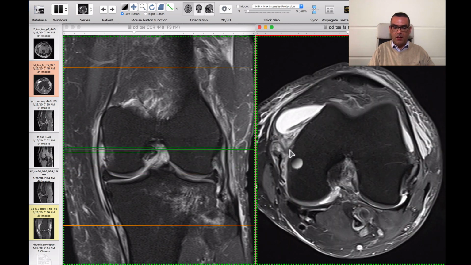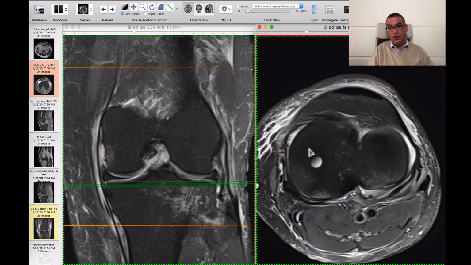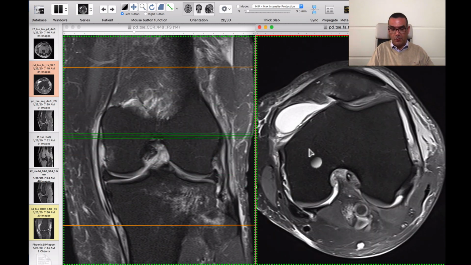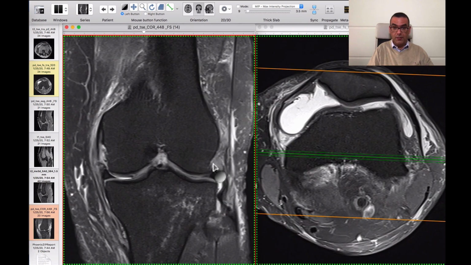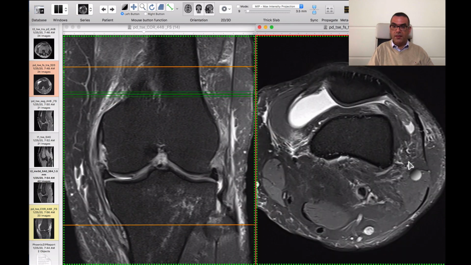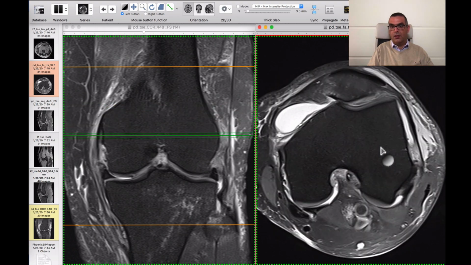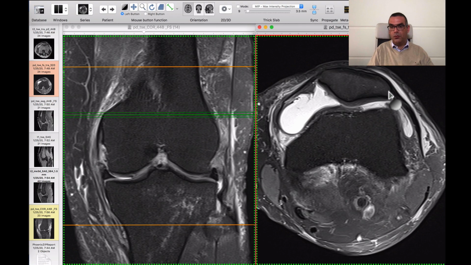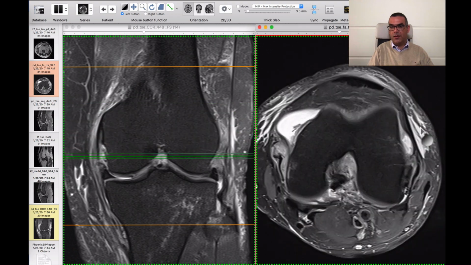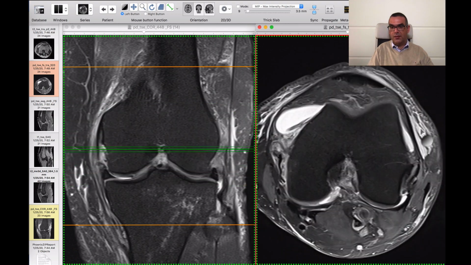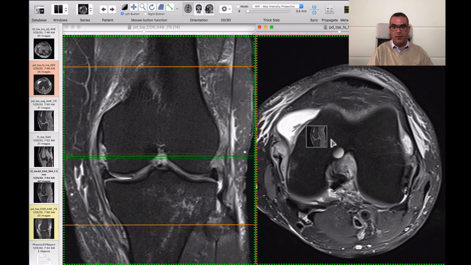This is the medial patellofemoral ligament, and this is a complete rupture of the femoral attachment of the MPFL, the medial patellofemoral ligament. So this is for the pathology at the medial side. You can of course see there is a moderate amount of effusion, and there is soft tissue edema, superficial in the subcutaneous tissues and surrounding the knee joint.